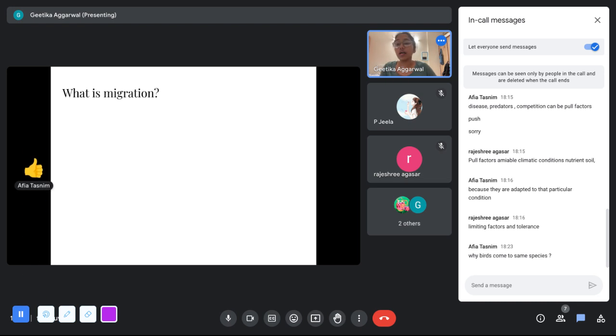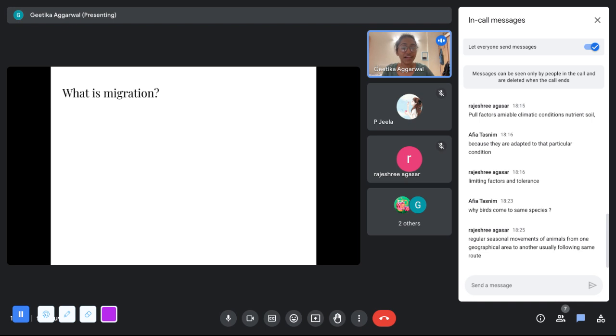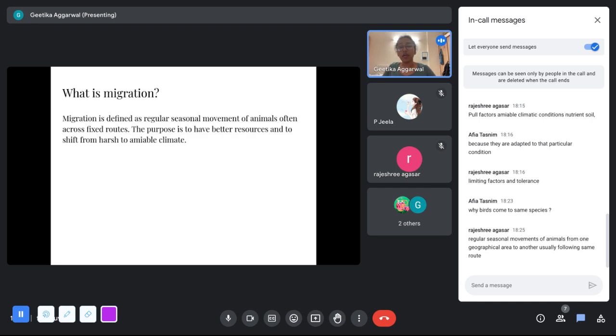Okay, so what is migration? Yeah, it's the regular movement of animals from one geographical area to another, and they usually follow the same route. You're entirely correct. You've given me the definition. They move regularly season after season. It's seasonal movement, and they follow fixed routes.